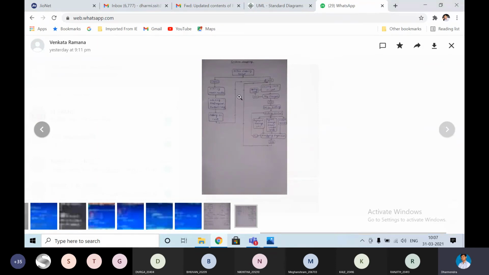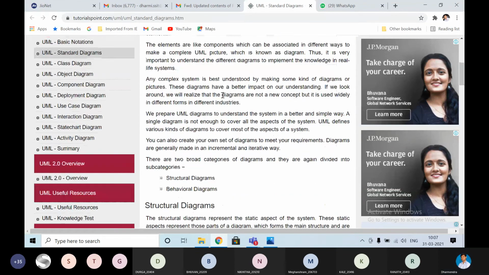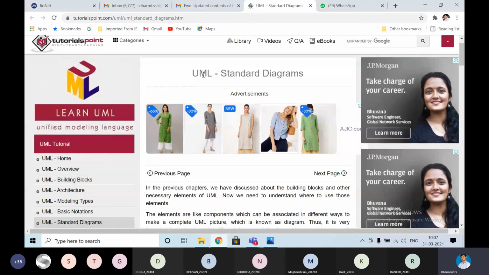So by using different types of diagrams, those diagrams come under a language called UML, which means Unified Modeling Language.